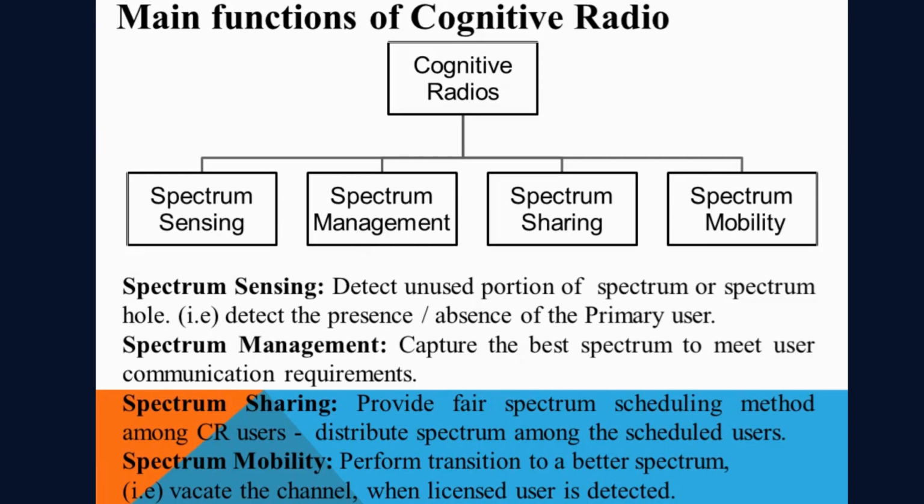Next, capturing the best spectrum to meet the user's communication requirement is called spectrum management. Then, providing a fair spectrum scheduling method among the cognitive radio users and distributing the spectrum among the users is called spectrum sharing. Next, performing a transition to a better spectrum. That is, when a licensed user is detected, then the vacation of channel occurs. This is called spectrum mobility.